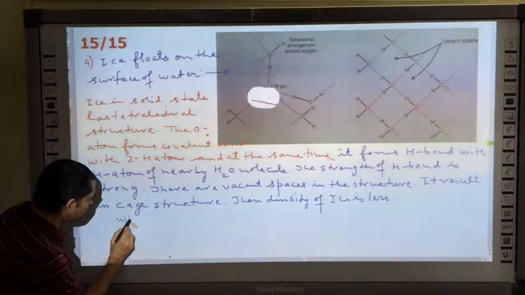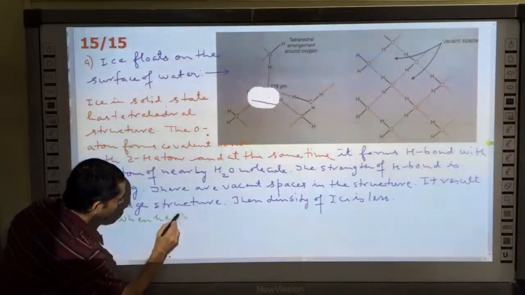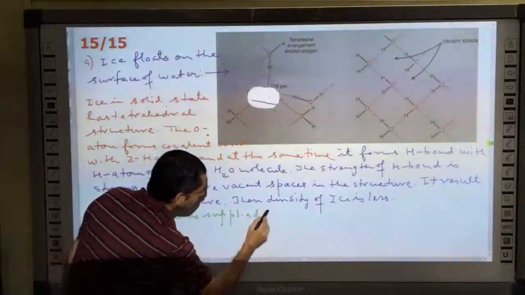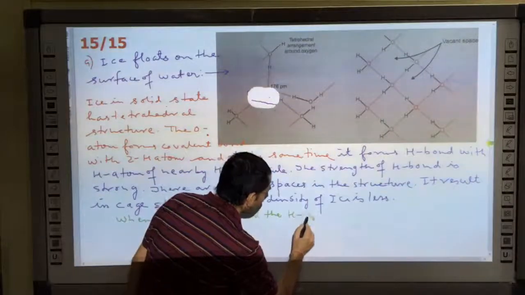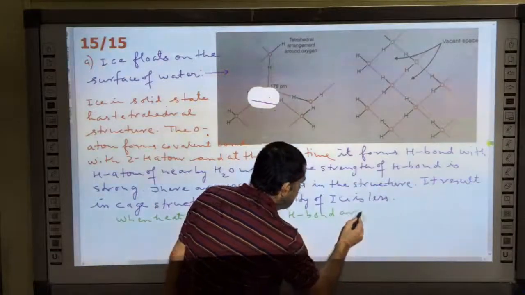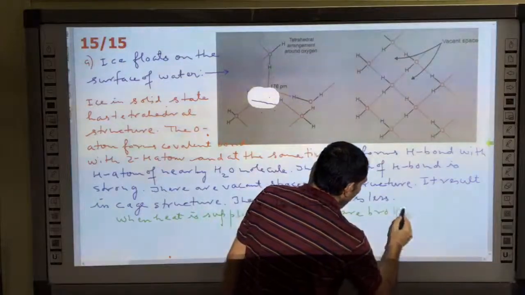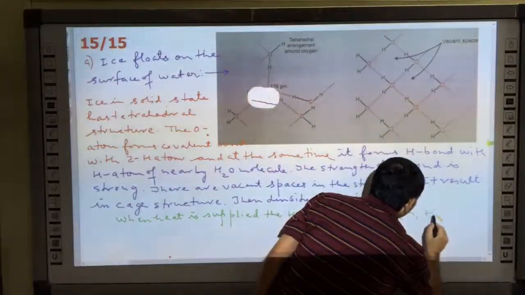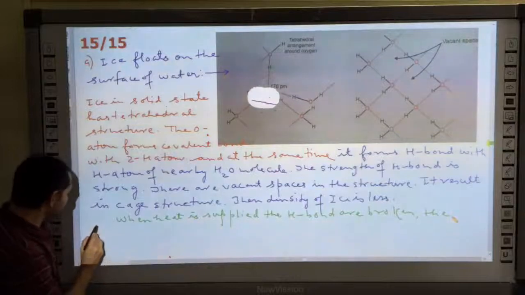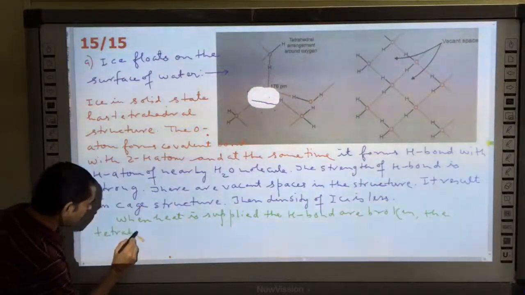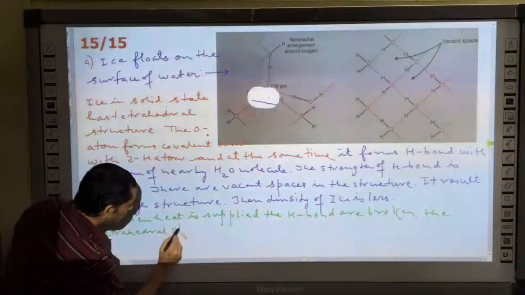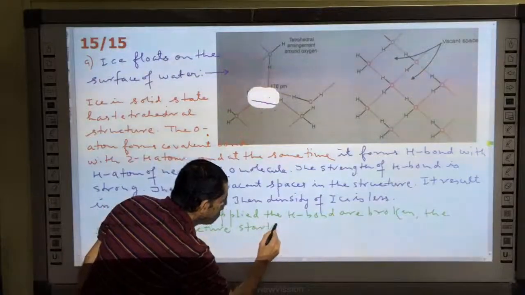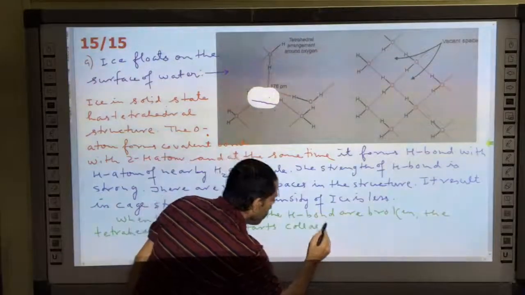Now, what happens after this? When heat is supplied, the hydrogen bonds are broken. The tetrahedral structure starts collapsing.